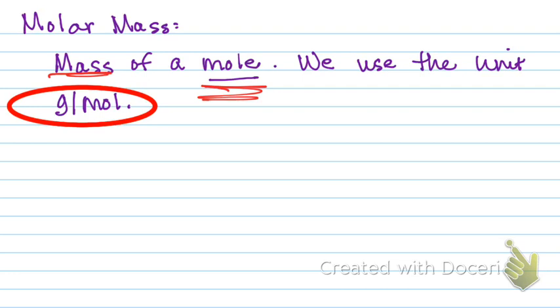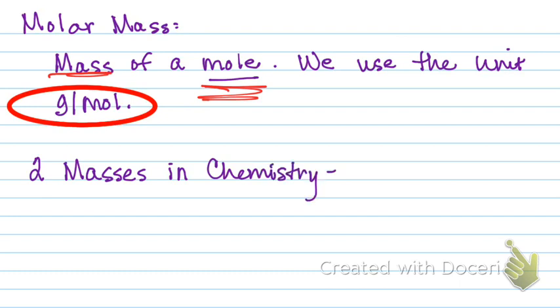Now, in chemistry, we know of 2 masses that are found on the periodic table.